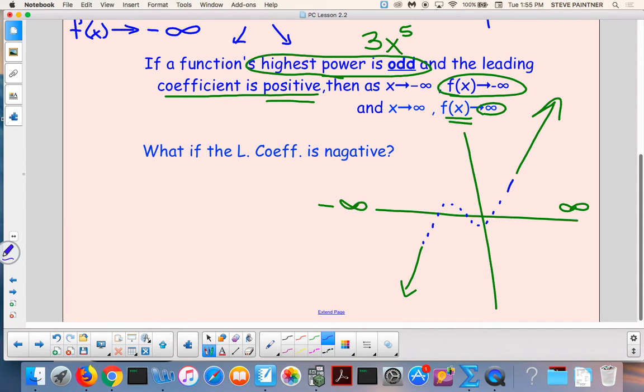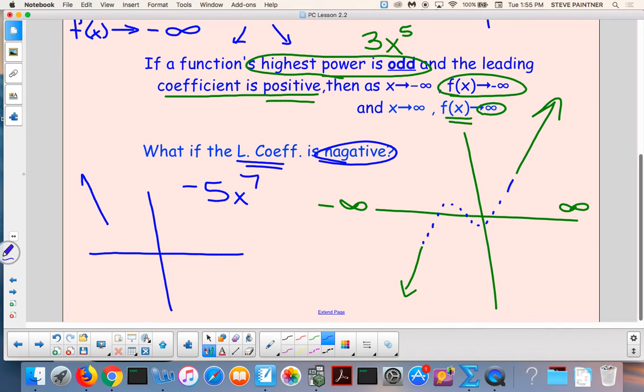Okay, what about this one? What if your leading coefficient is negative? So negative 5x to the 7th. What's going to happen on this one? It's reflected over the x-axis, isn't it? So that one would do up on the left, down on the right. How would you word that?